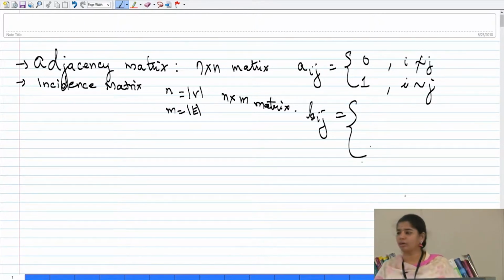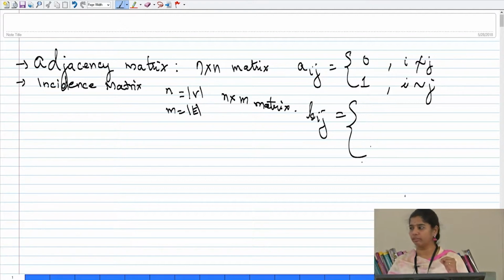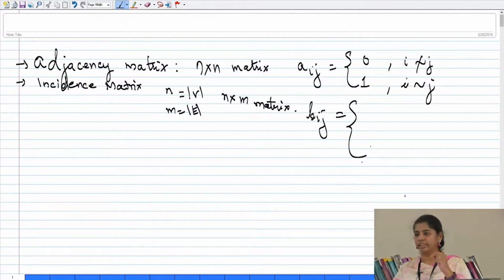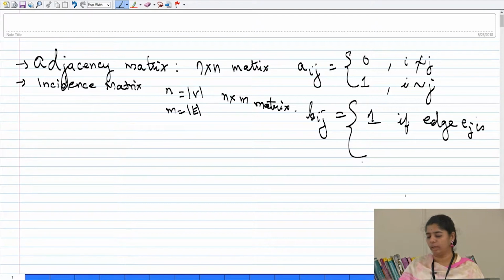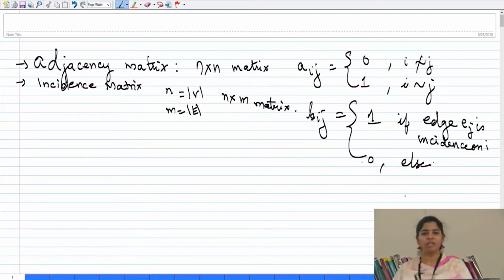Since I said n cross m, every row represents vertices. Vertices we label from 1 to n, and edges we label from 1 to m: e1, e2, up to em. Then if an edge ej is incident on the vertex i, you write a 1 there. So this is all you know.